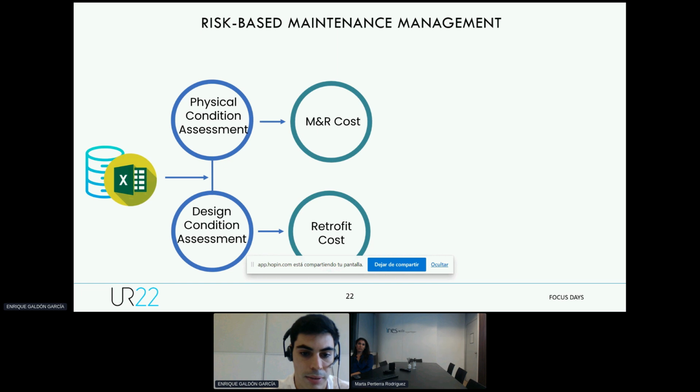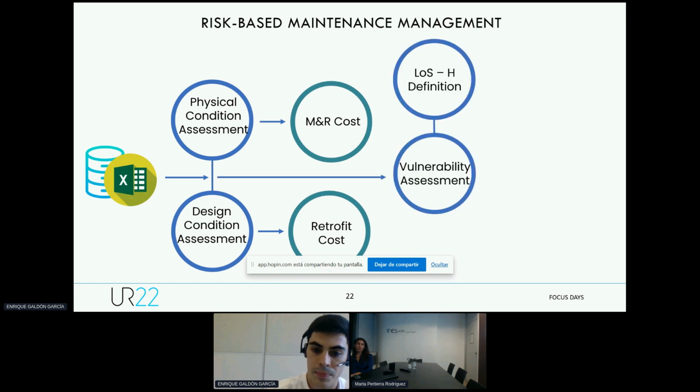The design condition assessment refers to the coping capacity of the buildings, how these buildings behave against a hazard. With the physical condition assessment, we can obtain the maintenance and repair cost, and the design condition assessment gives the retrofit cost.